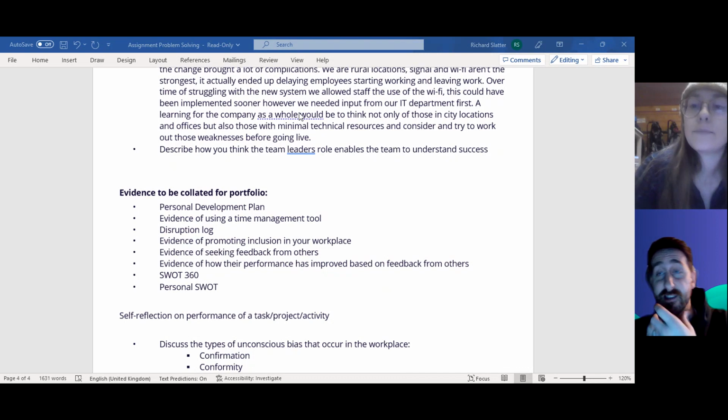That's how I would read the question, because it's quite an expansive question. Describe how you think team leader role enables the team to understand success. So that's how I would answer it. So how you feel you can best portray the company values in your everyday behaviours and attitude towards the job role.